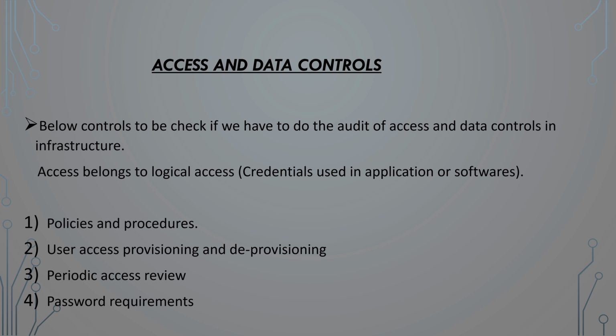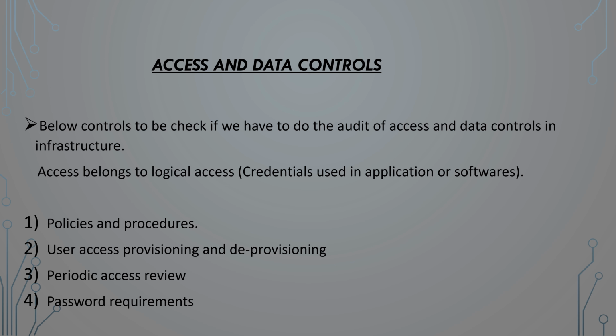Third one is a periodic access review, means such kind of accesses which are used by the vendors, by the normal users and the administrator, and an independent auditor should review such kind of access at least once in a quarter.